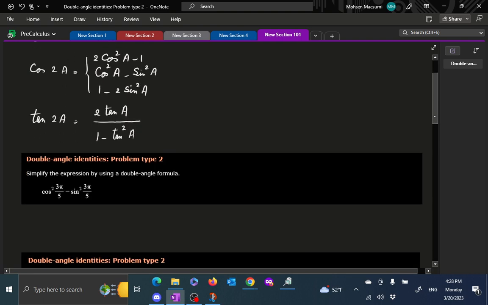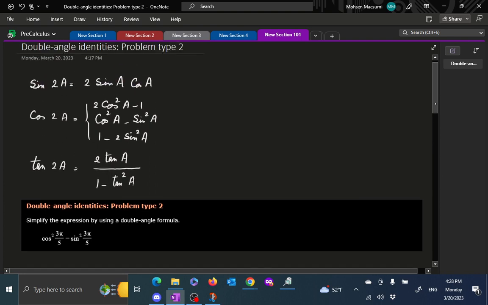Cosine square of 3 pi over 5 minus sine square of 3 pi over 5. Cosine has the advantage, or if you wish, disadvantage: there are three formulations for it, three reincarnations of this formula. We need all of them. These formulas come up in power calculations in circuit analysis, but for now we're just practicing mathematical operations.